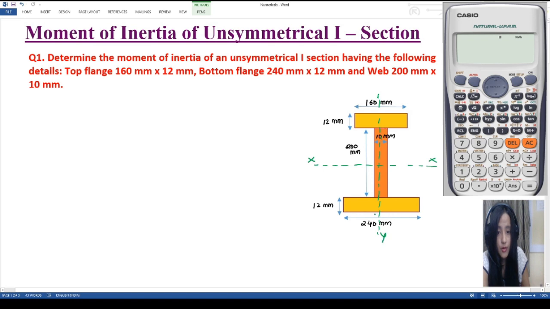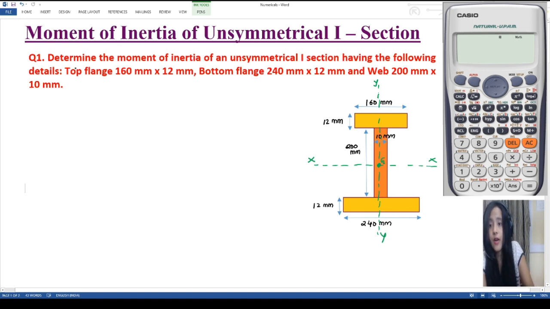This is my y axis. Here is my centroid G, but we do not know at what height this centroid G lies. So we need to find that as well. Let us see how we can find all this.